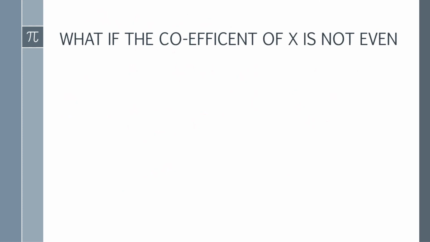Okay, what if the coefficient of x is not even? So let's say x squared plus 9x minus 50. You literally do the same thing, but in this case you're going to have fractions, which is going to be tricky. But if you do the steps in order, you're going to eliminate the mistakes that you might do.